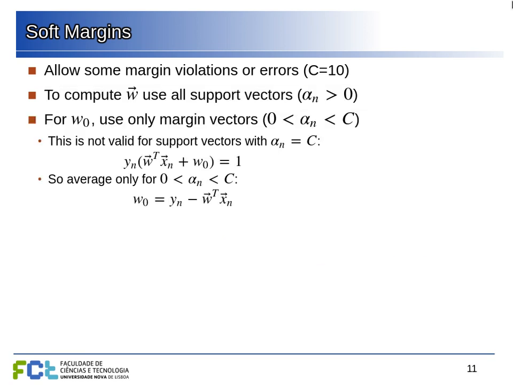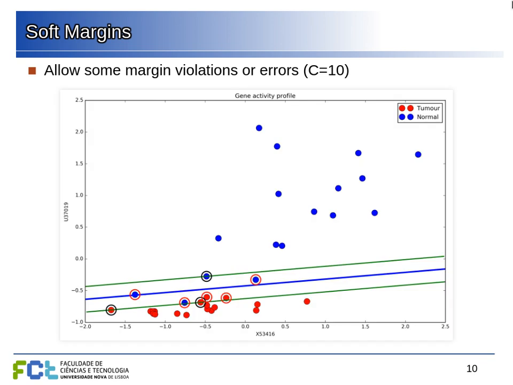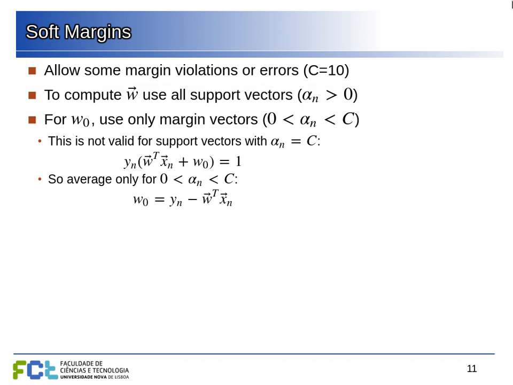If we look at the support vectors to compute the values for this discriminant, so the values for the W vector, we'll use all the support vectors to compute W, but then we have to take care of this additional parameter W0, that we can only use those support vectors that are at the margin.